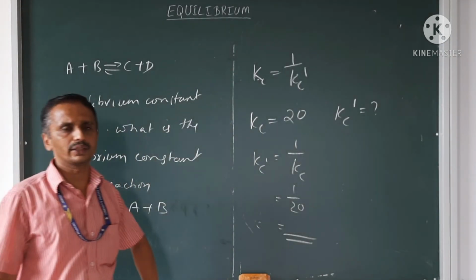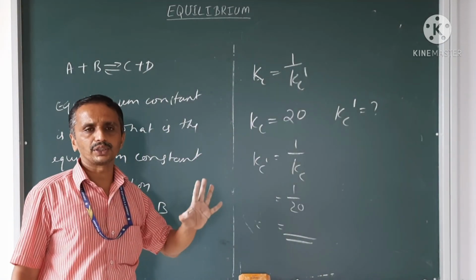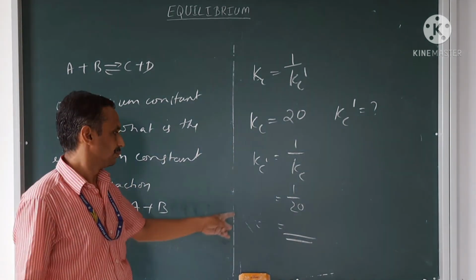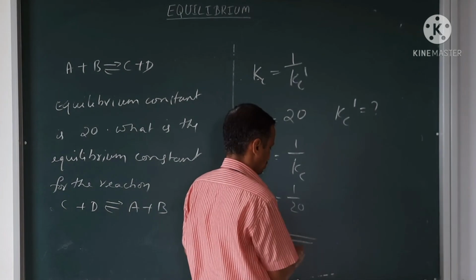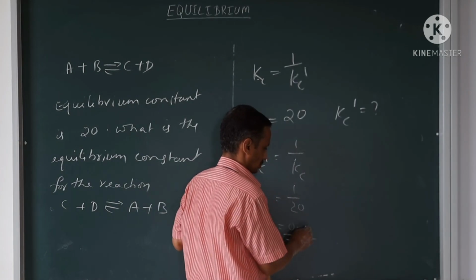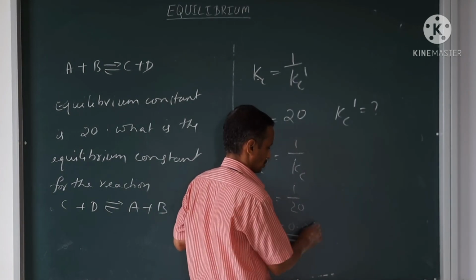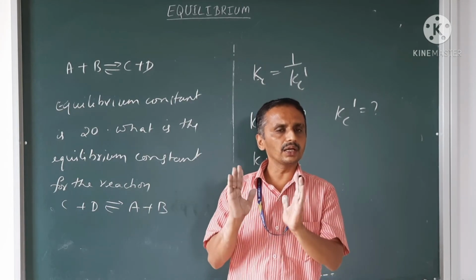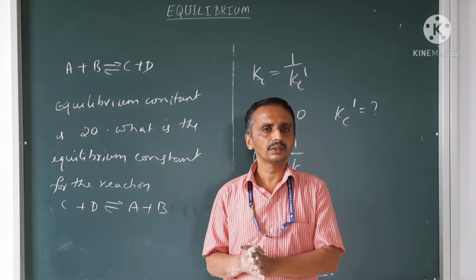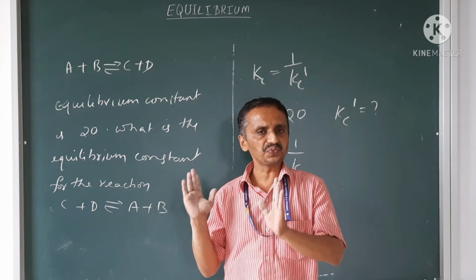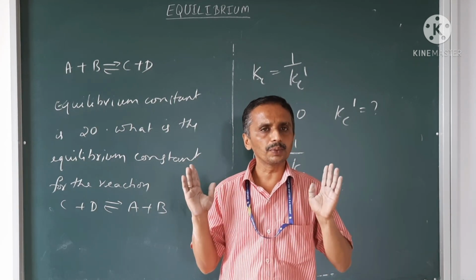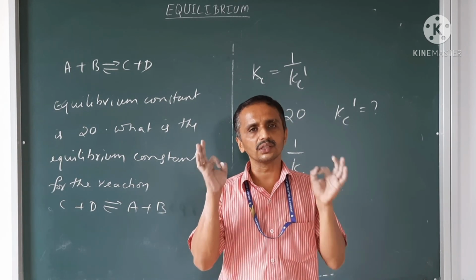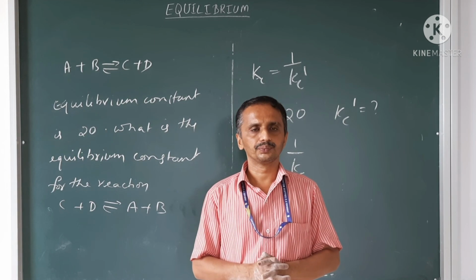This is how to calculate the equilibrium constant for the new reaction now. So how much is it? 0.05. And depending upon the reactant numbers, definitely the equilibrium constant will sometimes have the unit also.